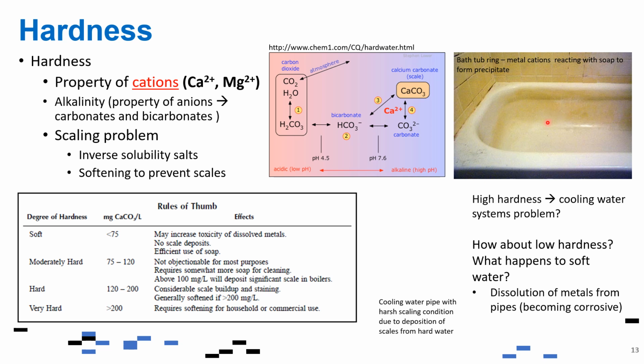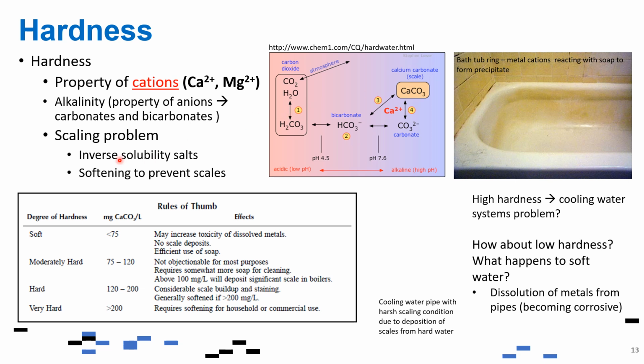Or another example: if you boil hard water, then when you look at your kettle or water heater, you will see white scales on the surface, and those are calcium carbonate.